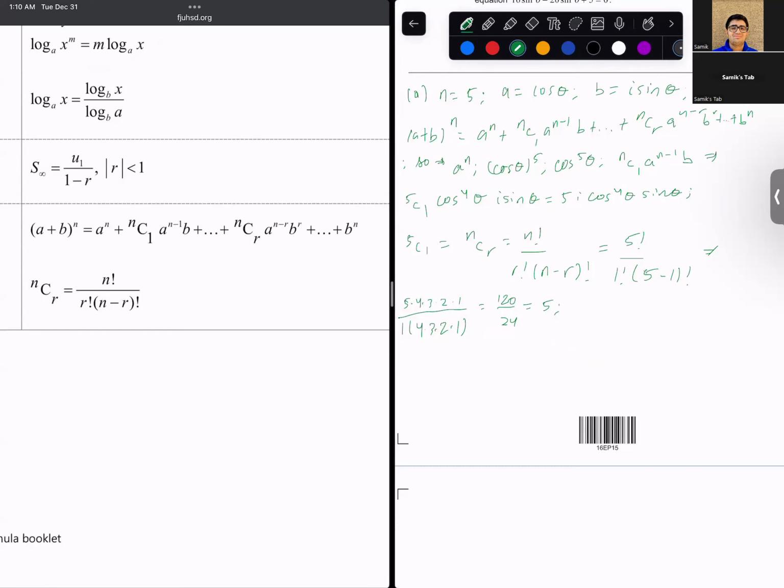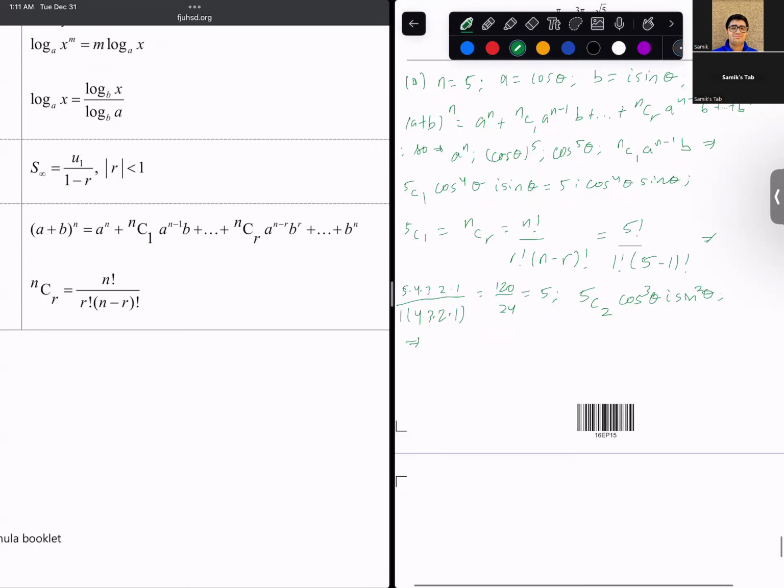The next term is when our value equals 2. So we have 5C2, and we have cos^3 theta this time, and (i sine theta) squared.